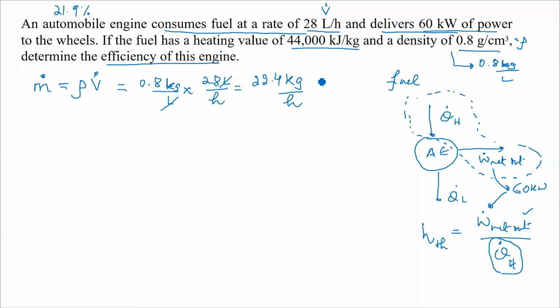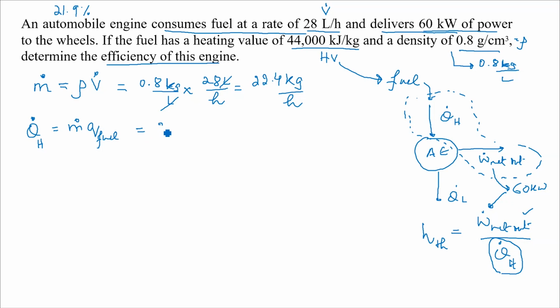Now, the heating value of the fuel, which is energy per unit mass, is also given to me. So if I want to calculate the energy released due to the fuel, which is essentially Q dot H coming from the fuel, it is the mass flow rate multiplied by small q of the fuel, which is energy per unit mass.